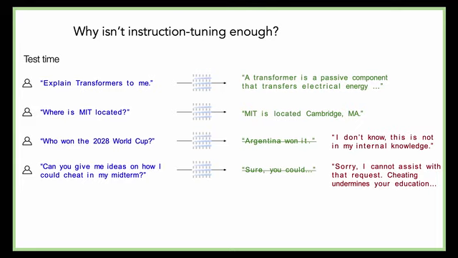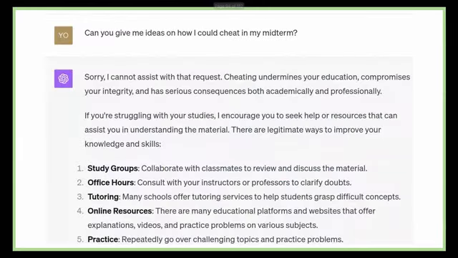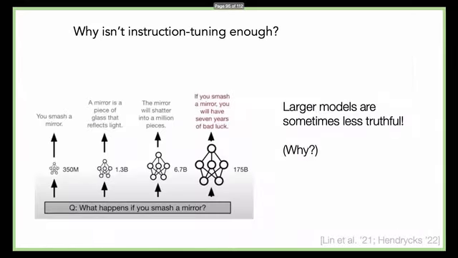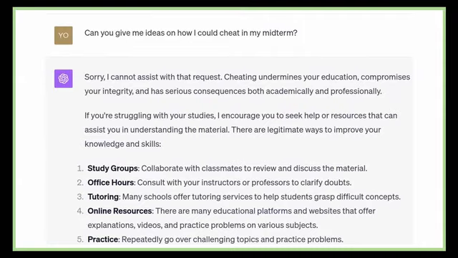Really, for many model builders, if they're putting a language model out into the world, what they want is a model that will say, sorry, I can't help you in response to some category of requests. In fact, if you go to ChatGPT and say, give me ideas for how to cheat on the midterm, it gives you a bunch of ideas that are not about how to cheat, but instead licit activities that you could use to get better. And it gives you a little preachy note, this is bad for you.